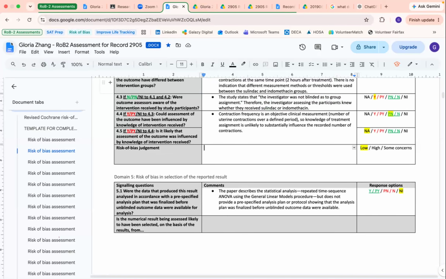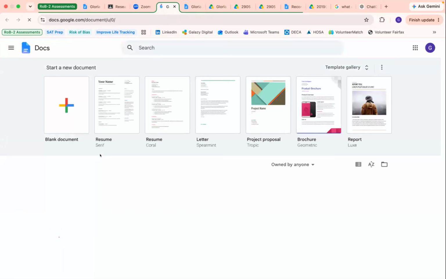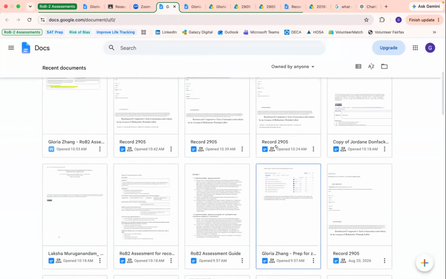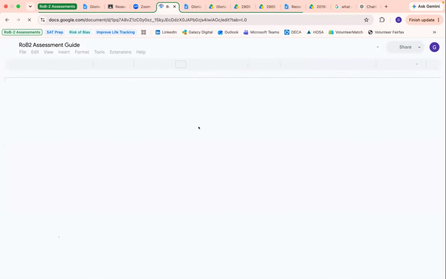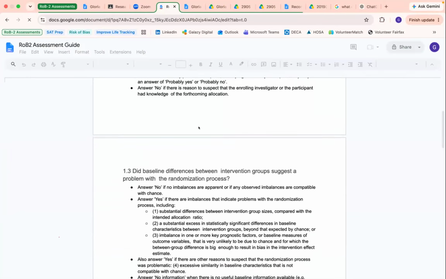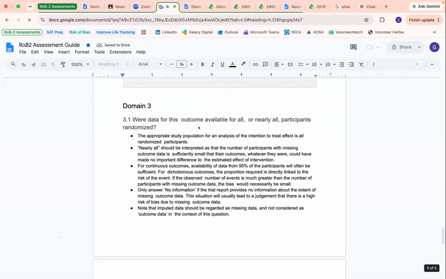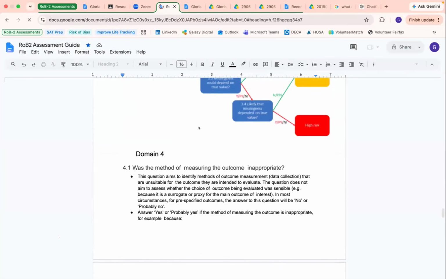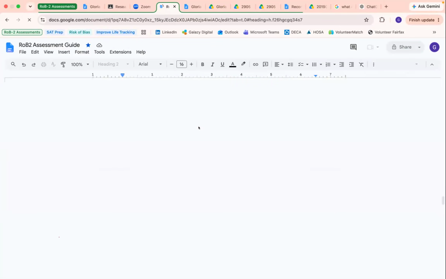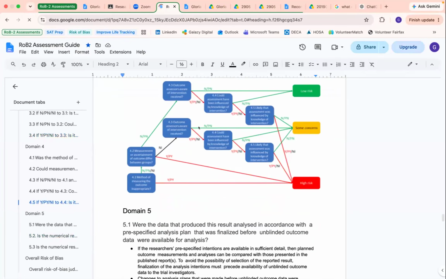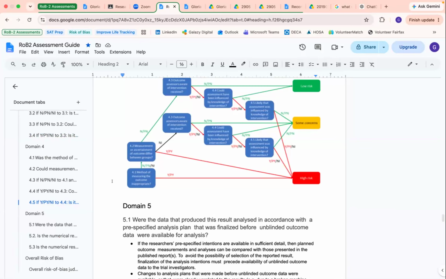Okay, I get that. I think the algorithm, because I used the crib sheet, they provided a picture with the algorithm. If you followed the algorithm with our answers, I think it produced a result of low. I'm not too sure. Let me check. I know what you're saying, but intuitively, if the outcome assessor, the principal investigator, was not blinded, there would have to be some concerns about that, without using an algorithm.